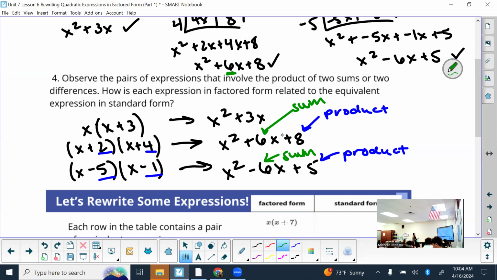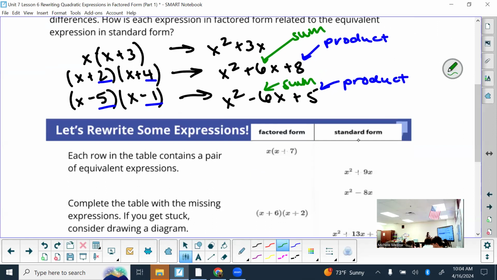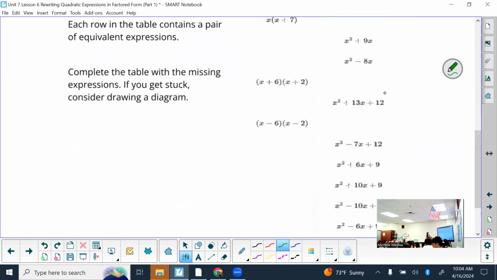So using that pattern and that observation, when you get to this activity on the back, and it asks you to go from standard form to factor form, I need to think of what two numbers multiply to give 12, but at the same time add to give 13.